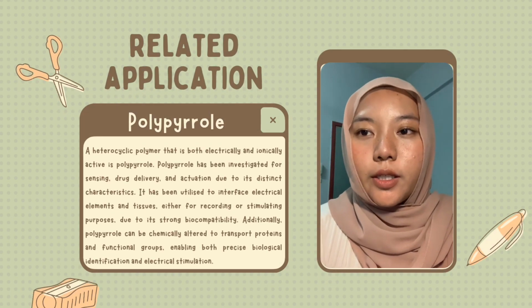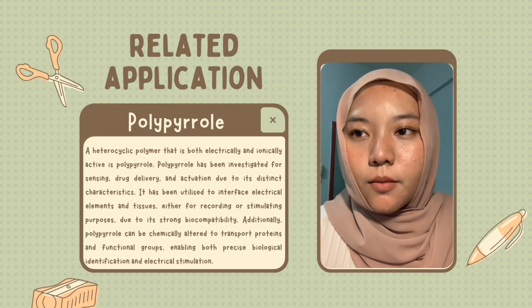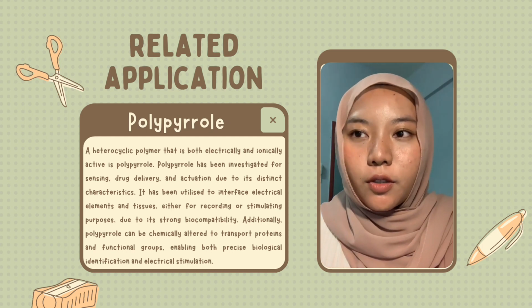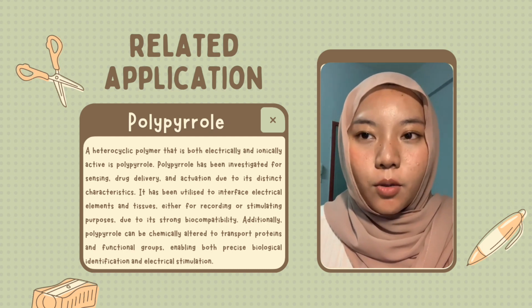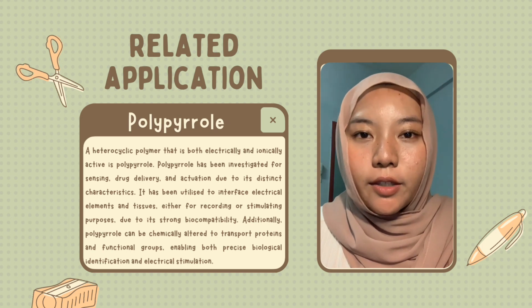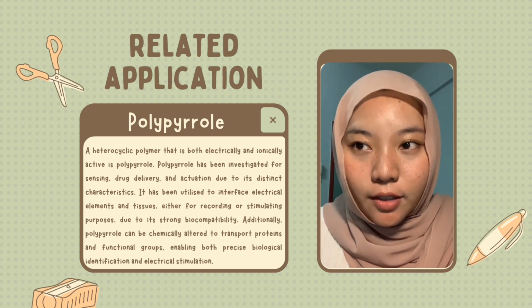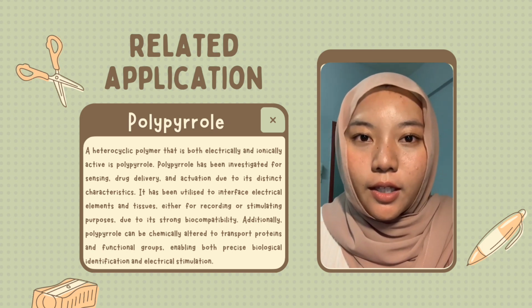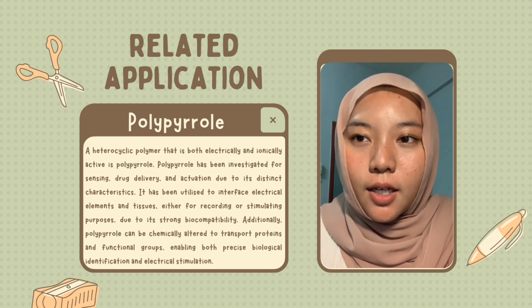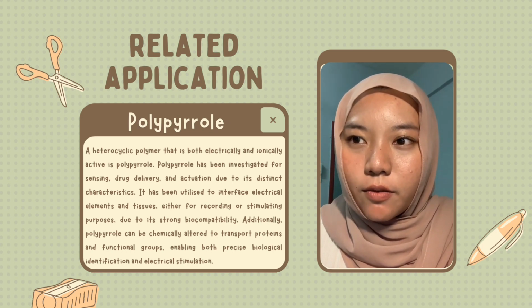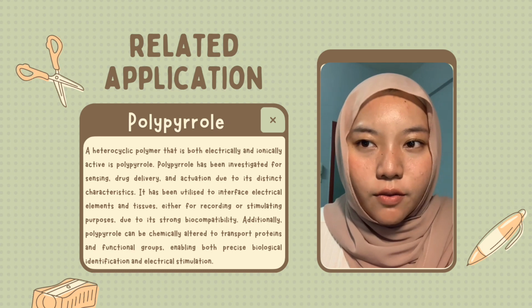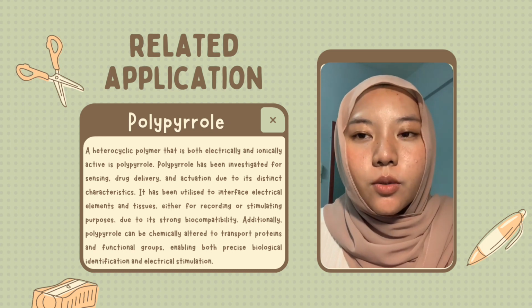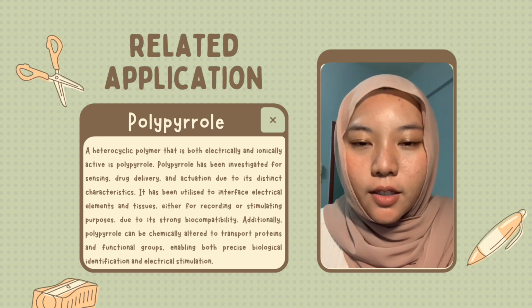The third one is the polypyrrole. This polypyrrole is a heterocyclic polymer that is both electrically and ionically active, and polypyrrole has been investigated for sensing, drug delivery, and actuation due to its distinct characteristics.